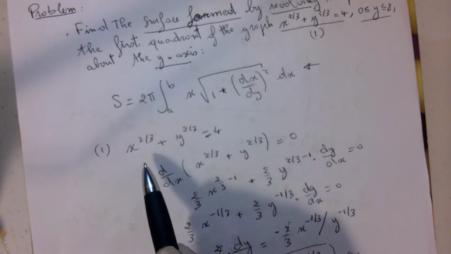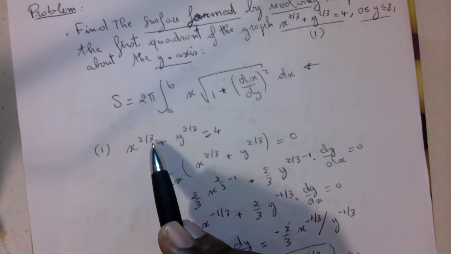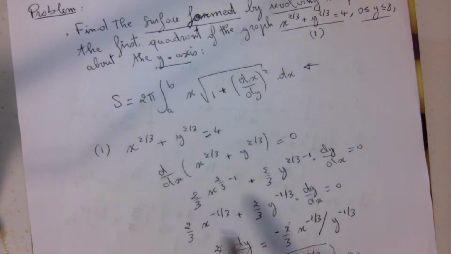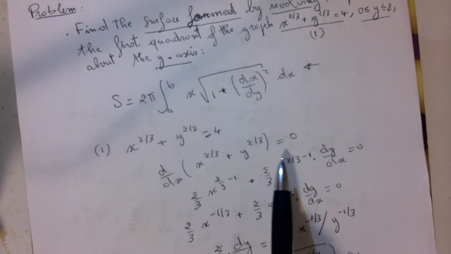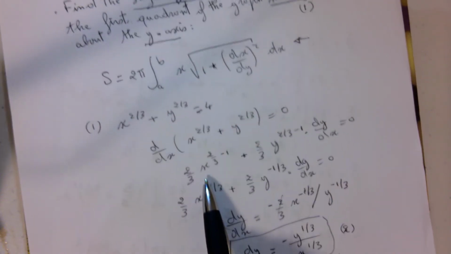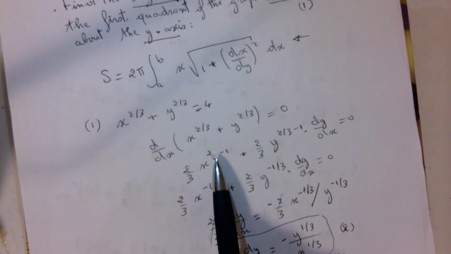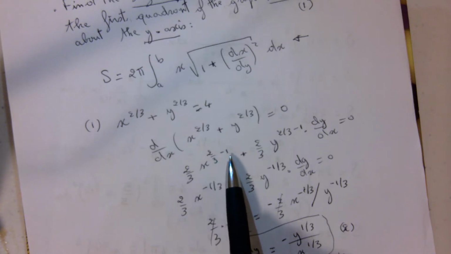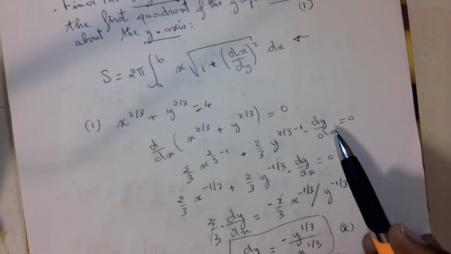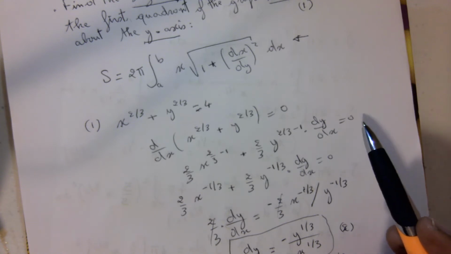So x to the power 2/3 plus y to the power 2/3 equals 4. Differentiating both sides with regard to x gives us 2/3 x to the power 2/3 minus 1 plus 2/3 y to the power 2/3 minus 1 dy/dx equals 0.